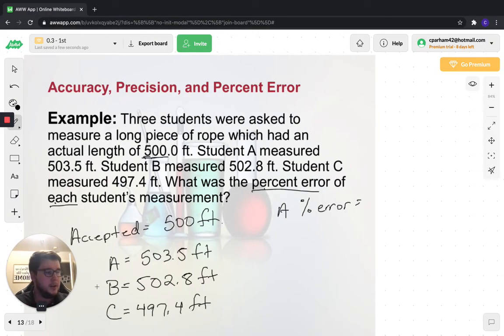And remember that error is just experimental minus the actual, okay?